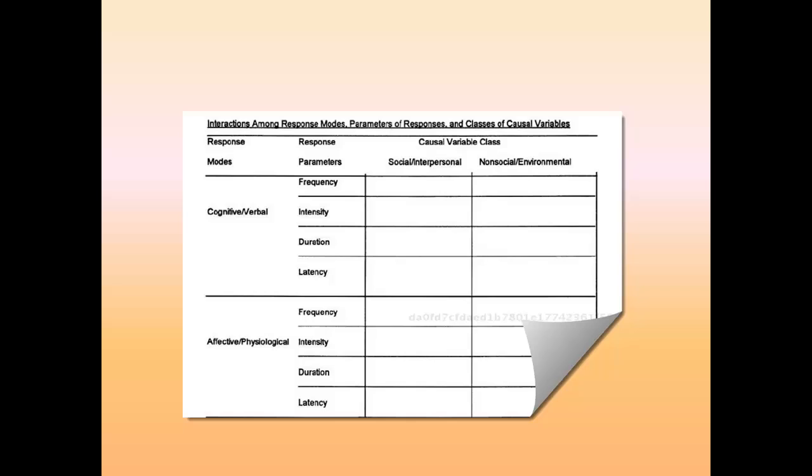The figure also segregates causal variables into the classes of social/interpersonal and non-social/environmental. This type of observation coding could gather complex data sets about behavioral interactions.